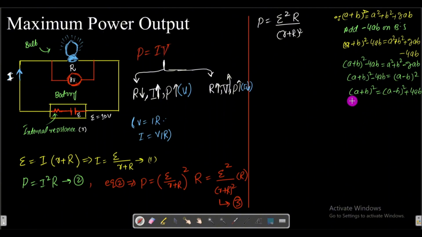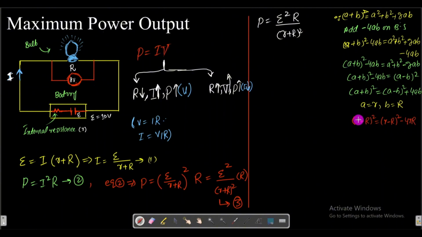Okay, now in this case we have A equal to small r and B equal to capital R. By replacing this, the above equation implies that (r + R)² is equal to (r - R)² + 4rR.